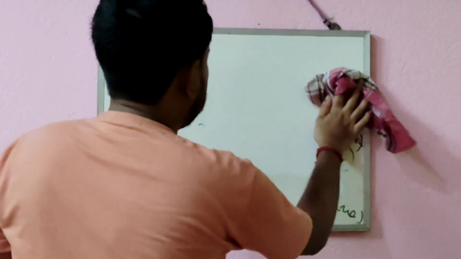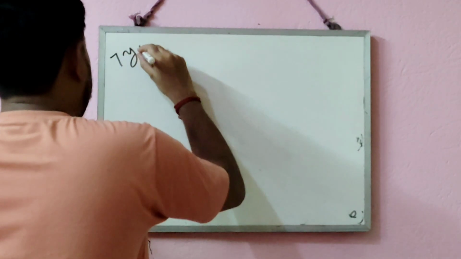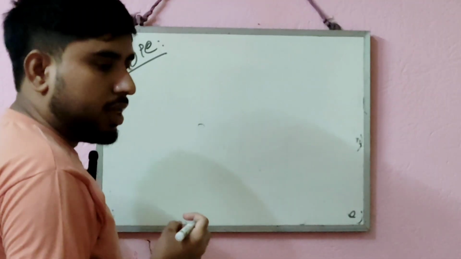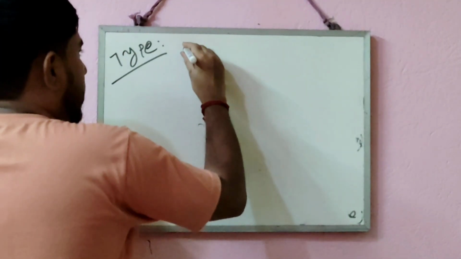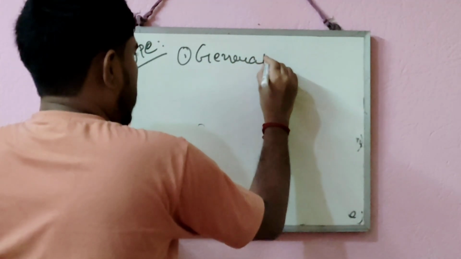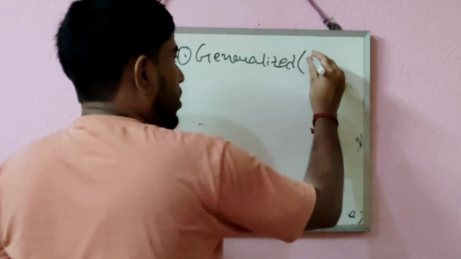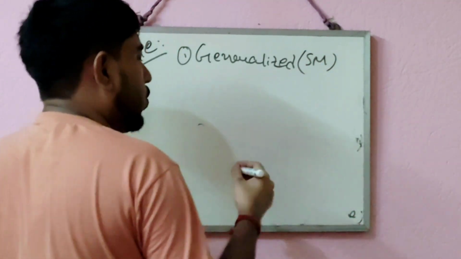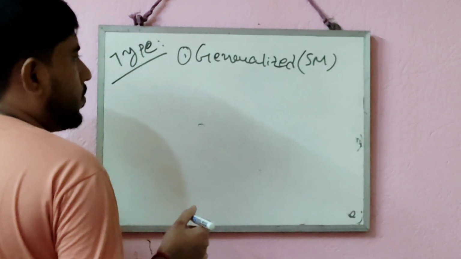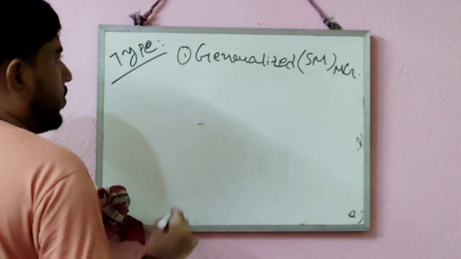At last we are going to discuss the types of myasthenia gravis. According to where the muscle is present, we can classify myasthenia gravis. First one is generalized. From the name you can understand that in the full body, wherever muscle is present, that muscle shows weakness due to autoimmunity, and that is called generalized myasthenia gravis.